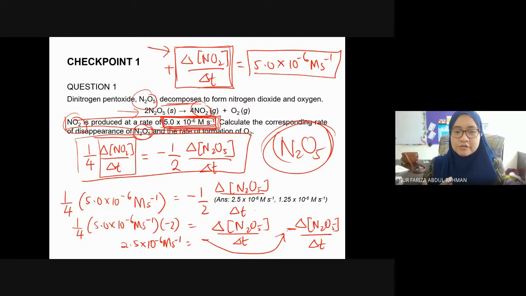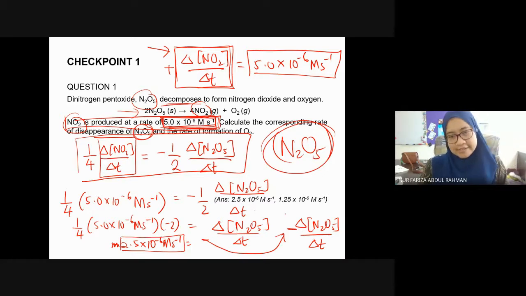Dia ada negatif tu kat situ menunjukkan dia adalah reactant. Tapi you transfer to the other side lah. Dia tak major lah. Kalau you ada kat sini pun dia taklah critical. Tapi like I said, sepatutnya value dia tu kena positif. So you transfer to the other side so that the numerical value tu must always be positive. This one kat sini tak apa. Tak ada masalah.